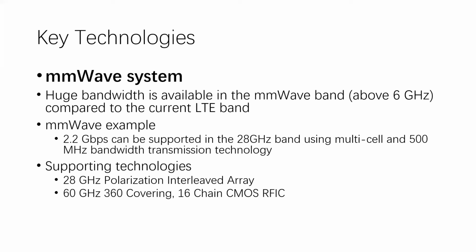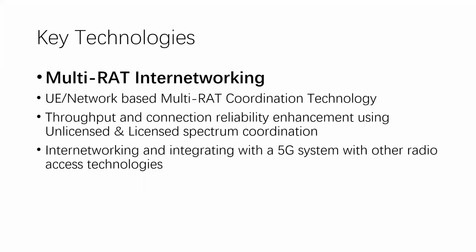So the 60 GHz Wi-Fi techniques will also be brought into the range of serving 5G technology. Then comes the multi-rate internetworking techniques based upon combining former technology, which was the other Wi-Fi and the former 4G and 3G technique frequency bands.